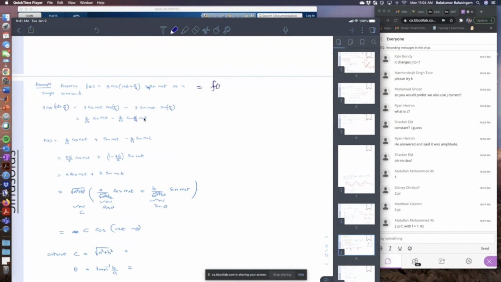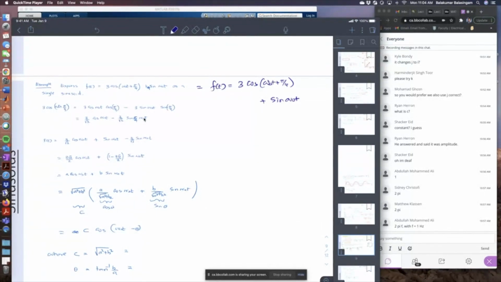So that's going to be f(t) is 3 cos(ω0 t + π/4) plus sine ω0 t. I mean, if there's a 4, it's not a crime.